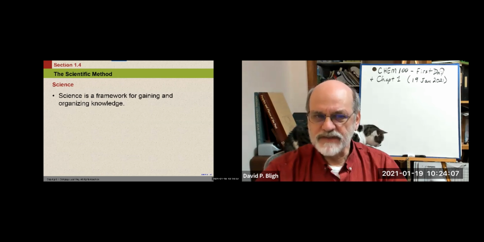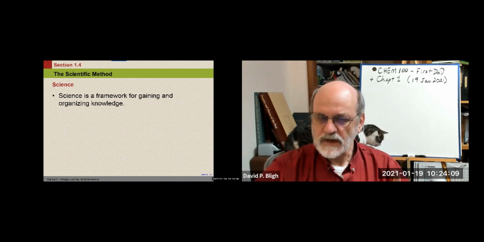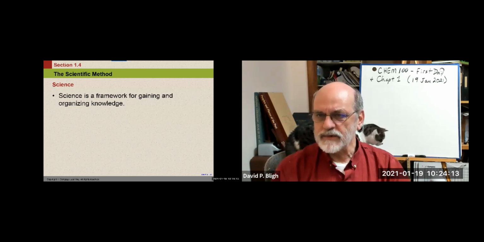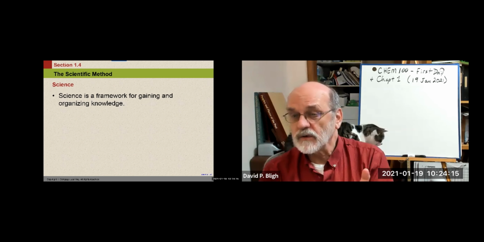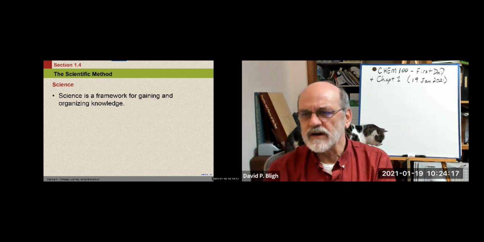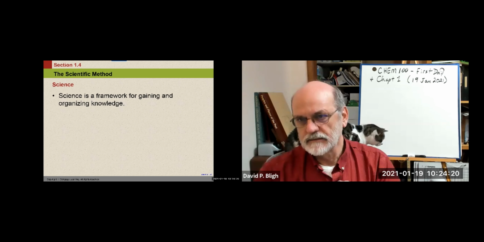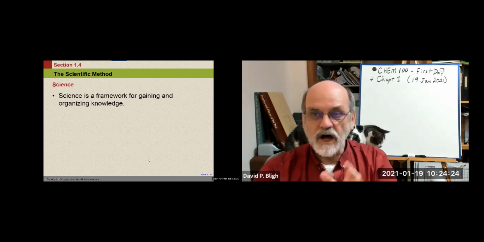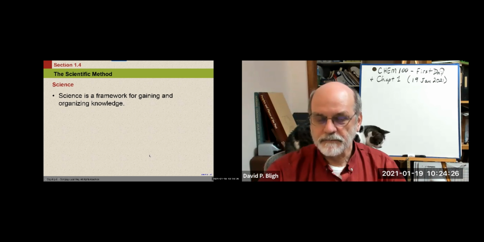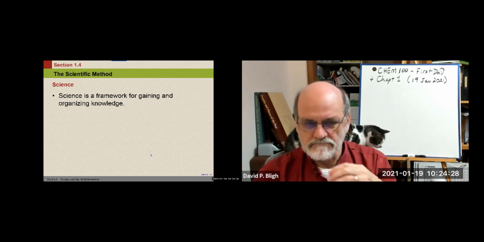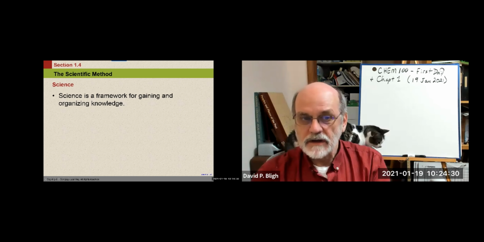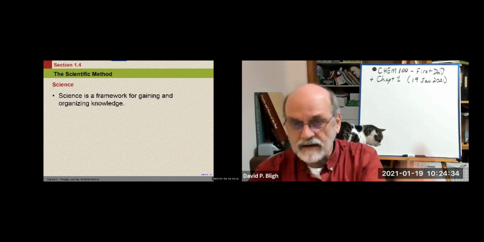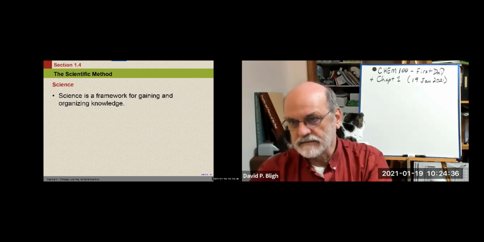So we develop a method, a framework of gaining and organizing knowledge. What we know now in chemistry, in the sciences in general, has been accumulated over centuries of investigation. Lots of false starts, lots of wrong turns. And if nothing else, the scientific method is there to bring people back to reality.